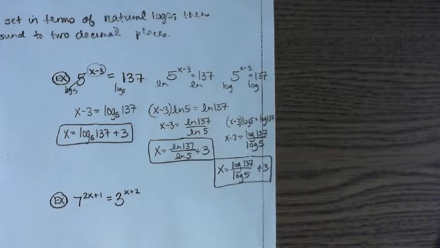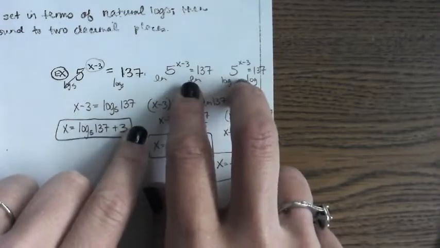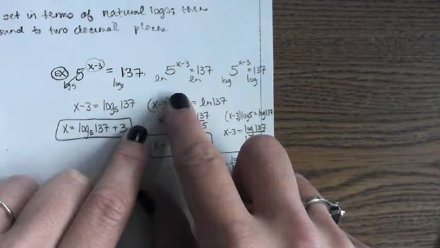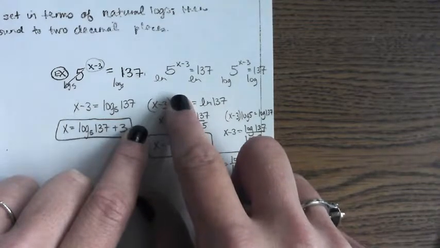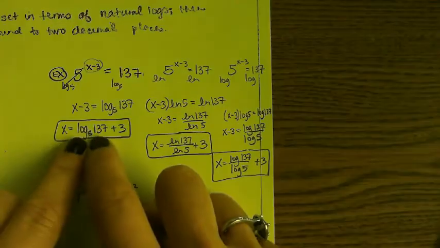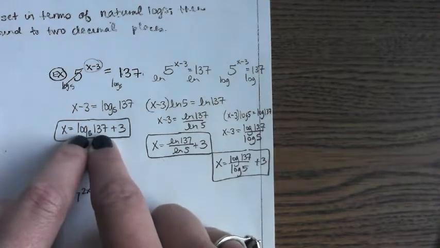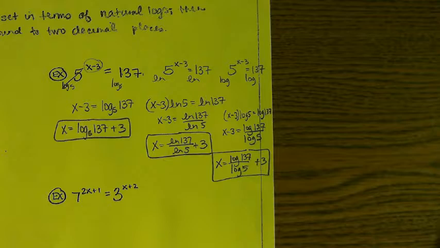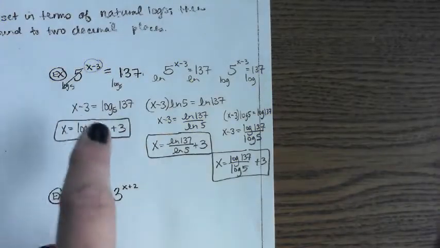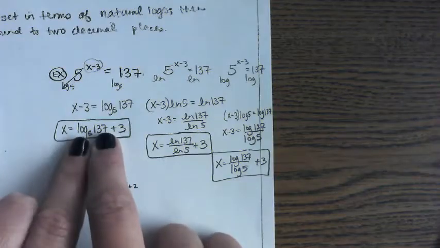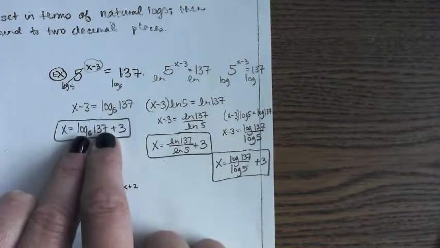But the reason these two developed ties in with what we talked about with the change of base formula on Thursday or Friday. Back in the day, you didn't used to be able to type log base 5 of 137 on your calculator. So I'm pretty sure that's why I was never taught that way, because if you had to type in log base 5 of 137, you would have to change that via the change of base formula anyway.